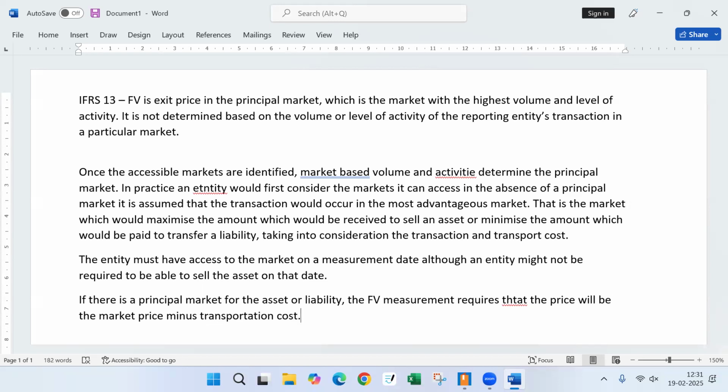They will not consider transaction costs, and should not consider transaction cost.